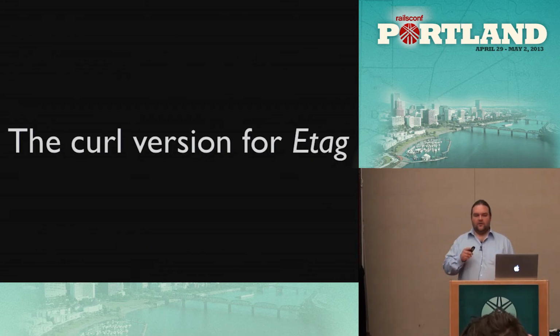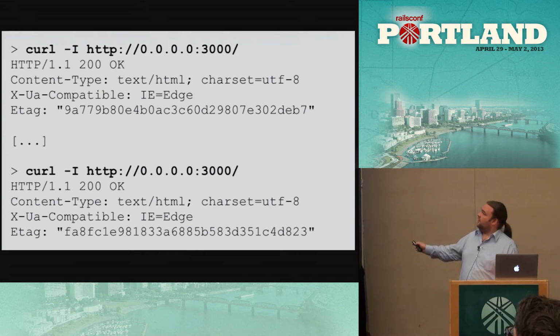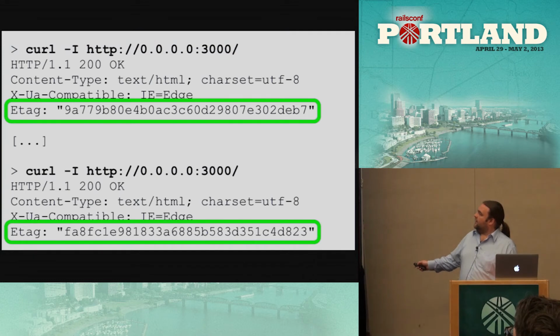To give you an idea of the ETag, which is the one most people probably use, I made an example with curl on the command line. You see, I download the index page twice with curl, and I get different ETags, which is a checksum.